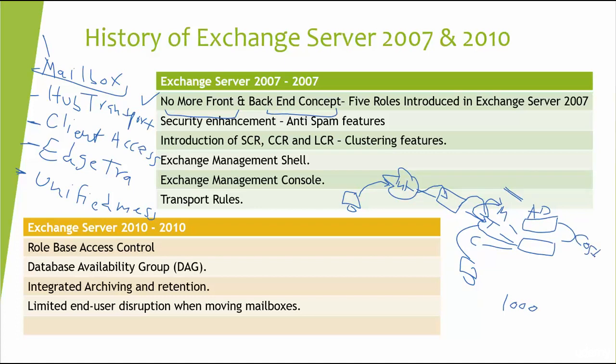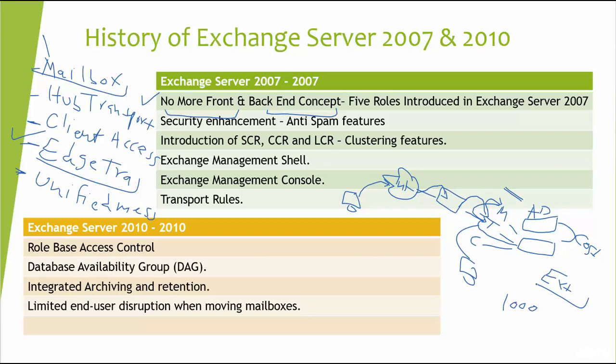But the thing is that the edge transport server role that you see here is actually designed by Microsoft to do the transportation of emails for external emails, like sending emails to outside, receiving emails from outside. This edge transport server role is more secure because there were built-in anti-spam features that you were using to make sure that it is secure.